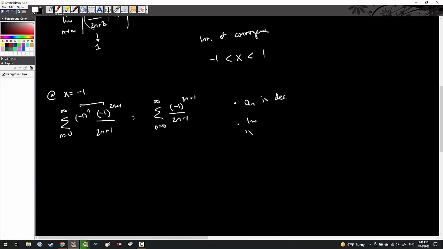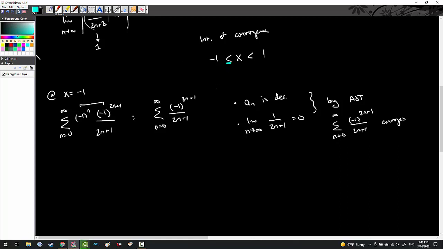The limit as n goes to infinity of 1 over 2n plus 1, again without the alternator, equals 0. So I can say, therefore, by AST, the alternating series test, the sum from n equals 0 to infinity of negative 1 to the 3n plus 1 over 2n plus 1 converges. And that allows me to say that we are convergent at that point.